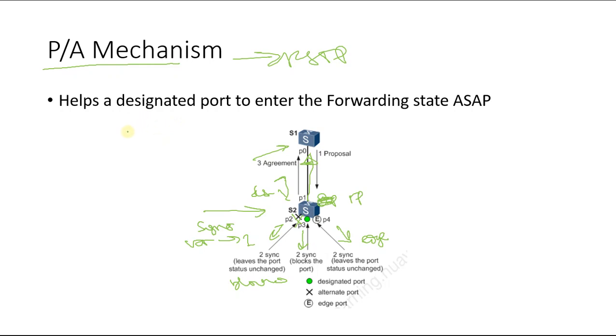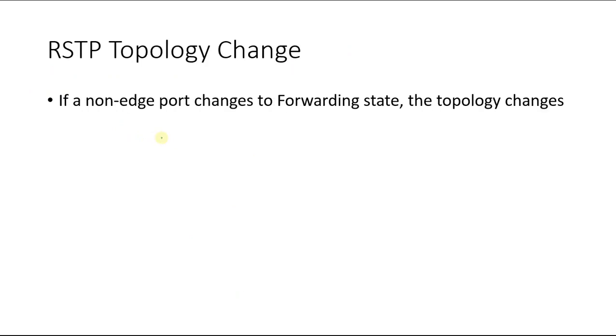This proposal agreement negotiation process finishes, and switch 2 continues to perform the proposal agreement negotiation with each downstream device. Okay, I think that's all the short explanation about the proposal agreement mechanism in RSTP.